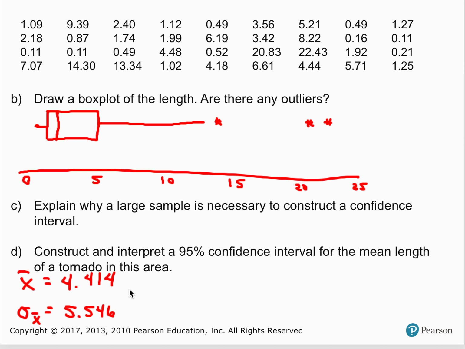Okay, and calculate. So I get 2.54 to 6.29. Okay, that finishes up 9.2.